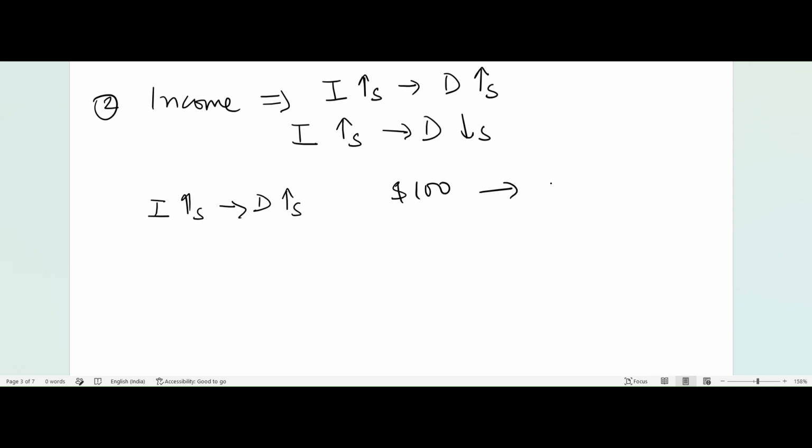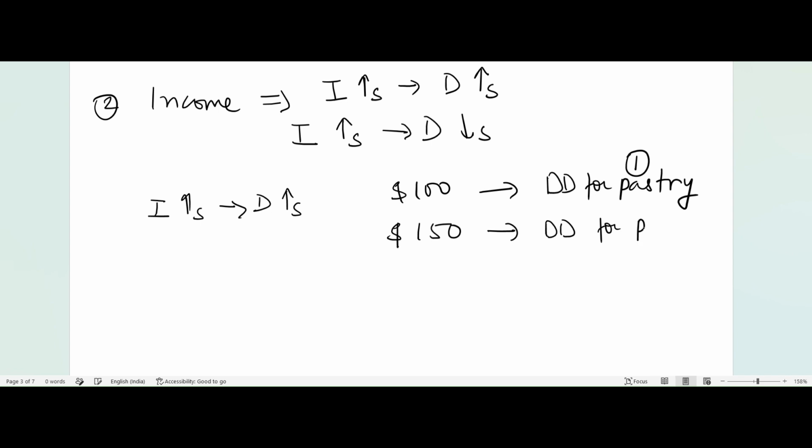Instead of taking a whole cake, let's say I was taking one piece of pastry. As my income increased to, let's say, $150, instead of buying just one pastry, I started demanding more pastries.